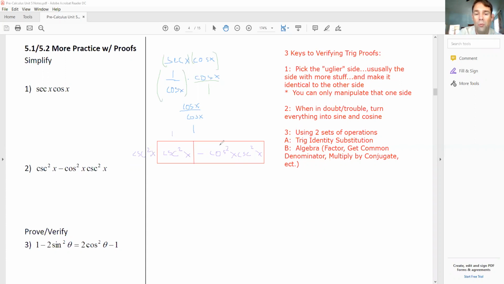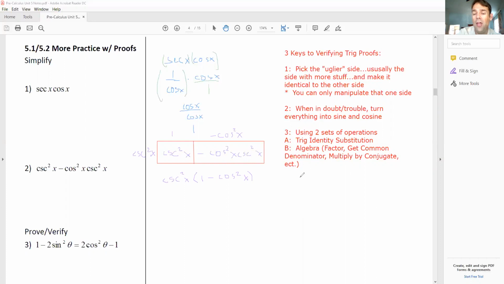And I end up with 1 minus cosine squared x. So if we factored out that cosecant squared x, we'd be left with 1 minus cosine squared x. And so we start thinking about cosine squared x. Well, it's a square, so it's one of my Pythagorean identities.